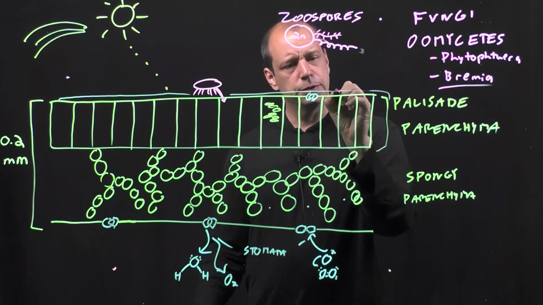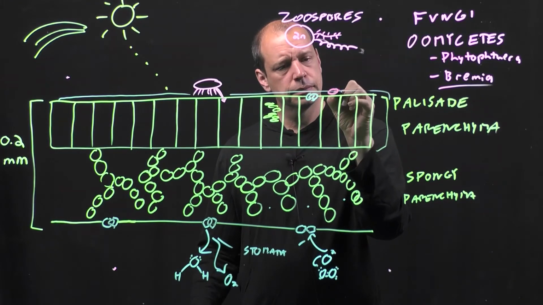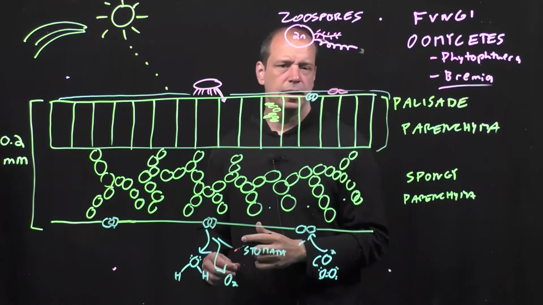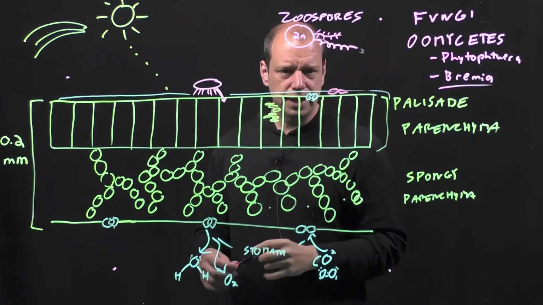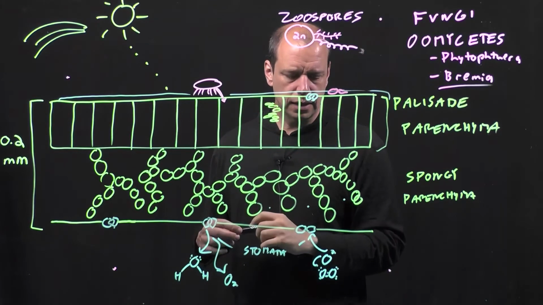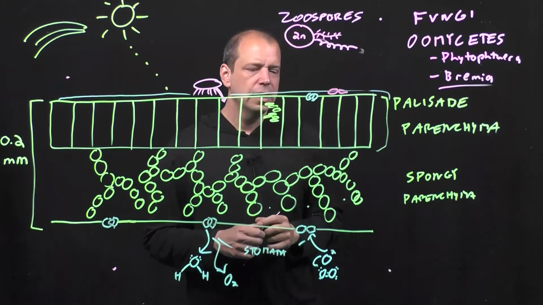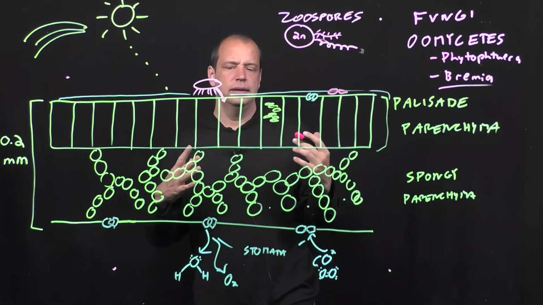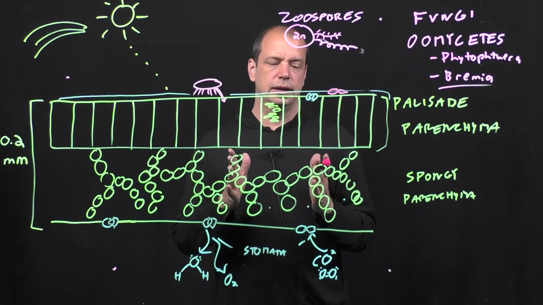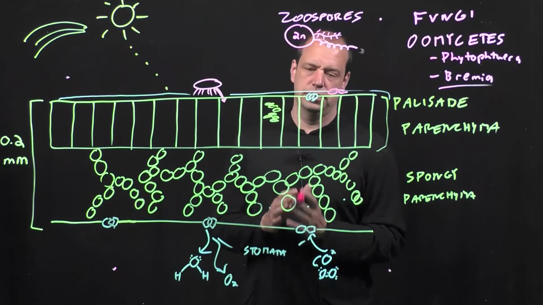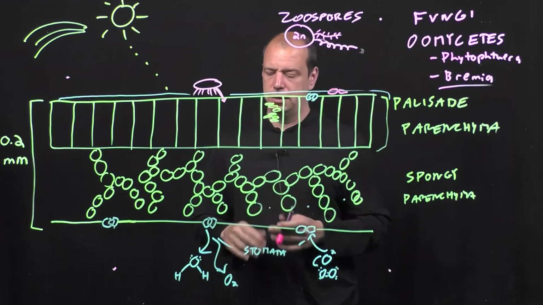And so you have a zoospore swimming in that surface water. And so it finds a stoma. Now, typically, a stoma can be either open or closed. That's regulated by turgor pressure.